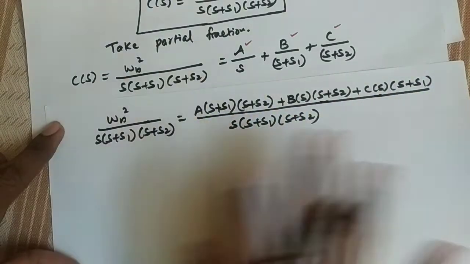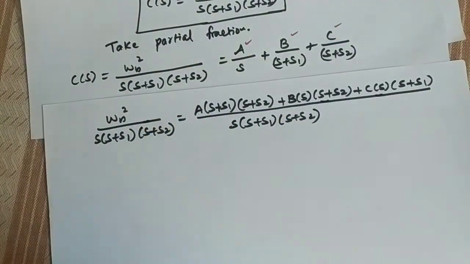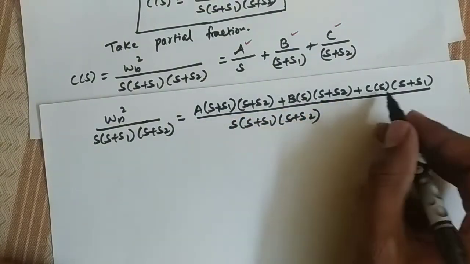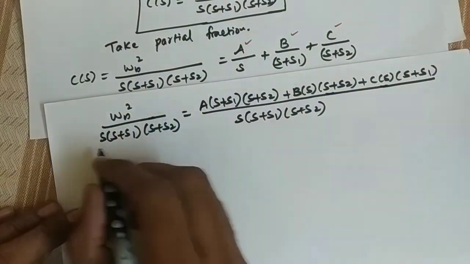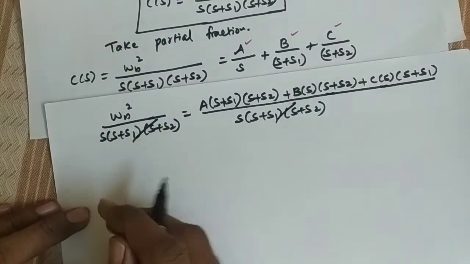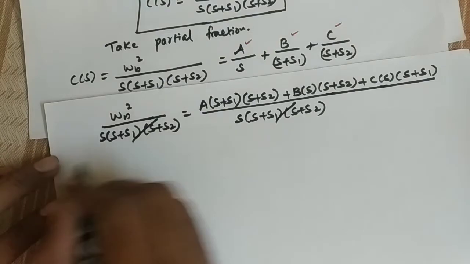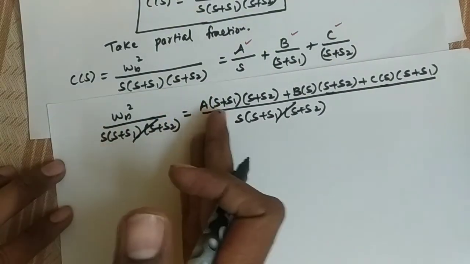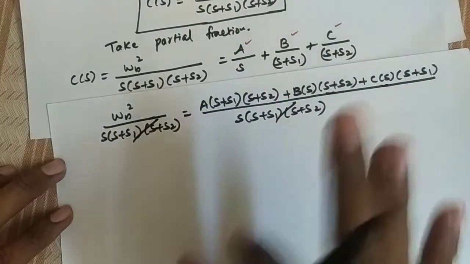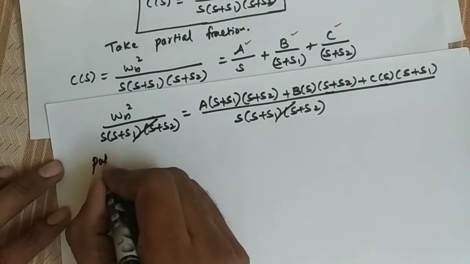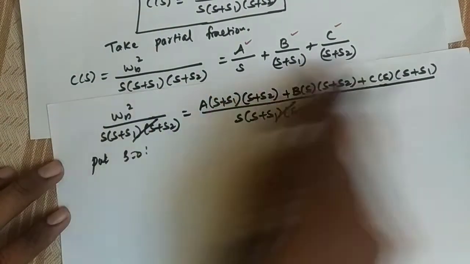These two equations are equivalent. Let's cancel out the two denominator terms. We get the equation omega n square is equal to A into so and so, B into so and so, and C into so and so. Initially put s equal to 0 in this equation.